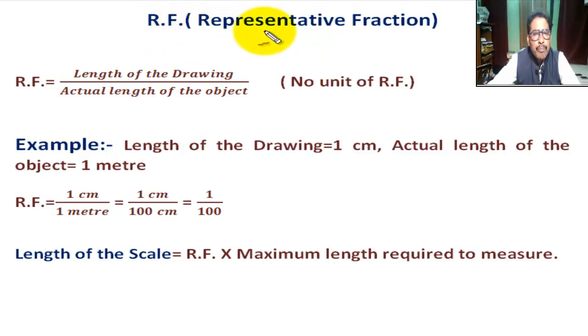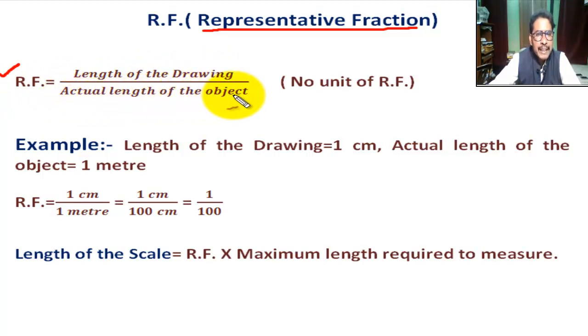RF means representative fraction. Definition of RF: representative fraction equal to length of the drawing by actual length of the object. No unit of RF.